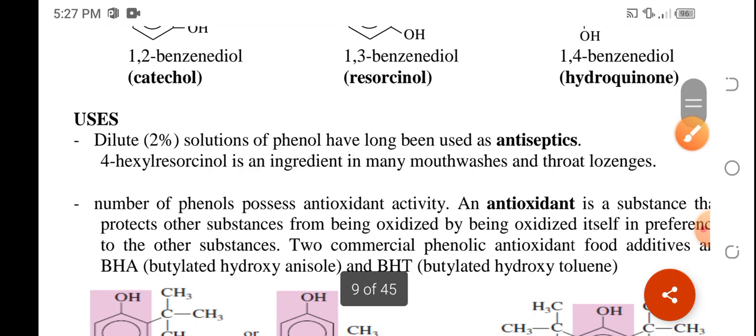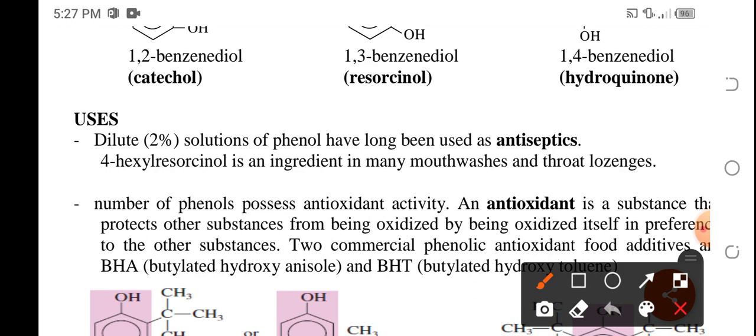Phenols are usually used as an antiseptic. So we have 4-hexylresorcinol. It is an ingredient in mouthwashes and throat lozenges. Aside from being an antiseptic, a number of phenols could be an antioxidant because they possess antioxidant activity.